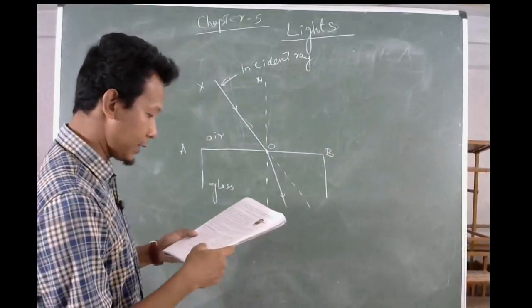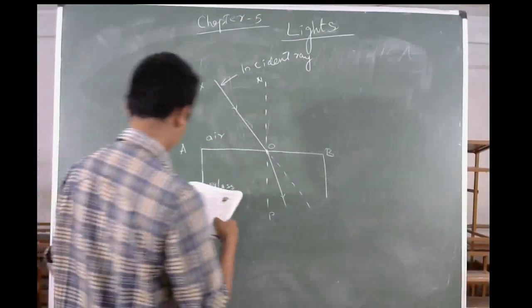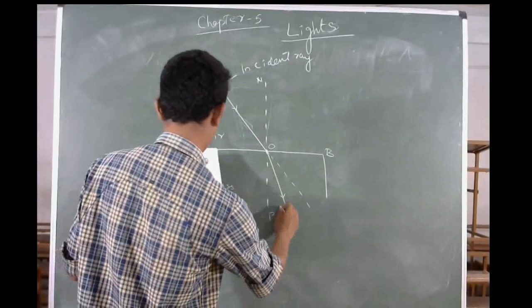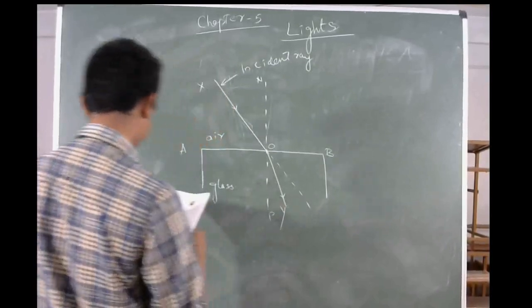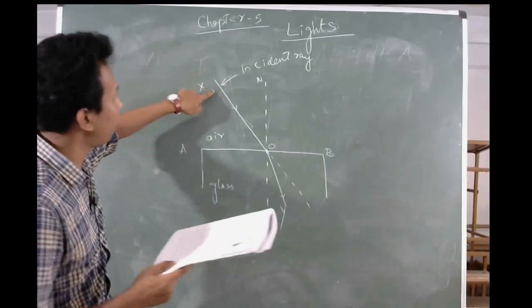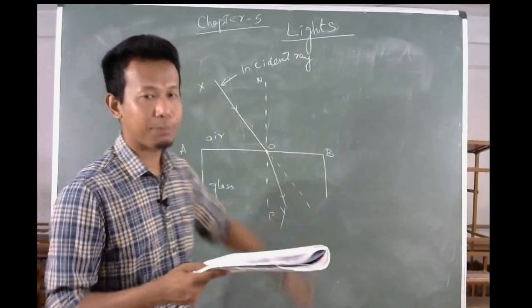The next is the refracted ray. As we know, the light ray will not travel in its original path.